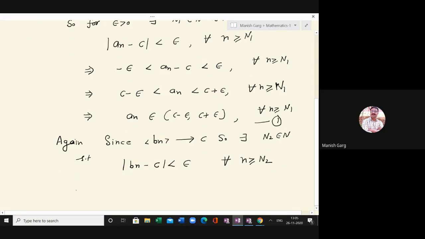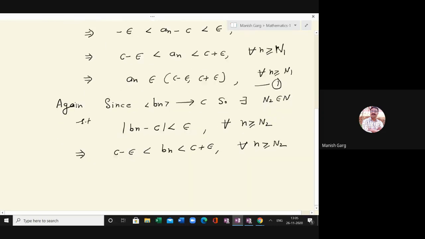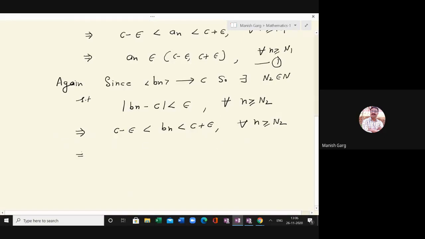If you do the same exercise, it will be c minus epsilon is less than bn is less than c plus epsilon for all n greater than n2. So bn is an element of the interval (c minus epsilon, c plus epsilon) for all n greater than n2.